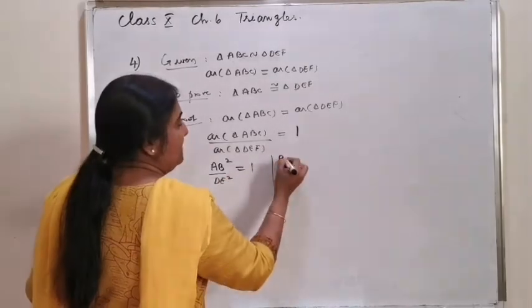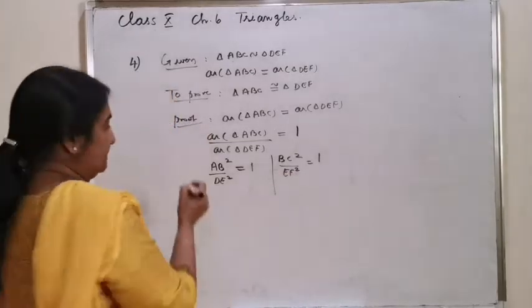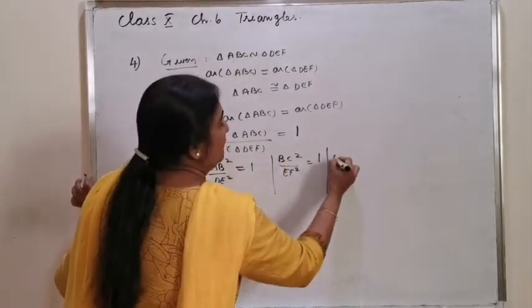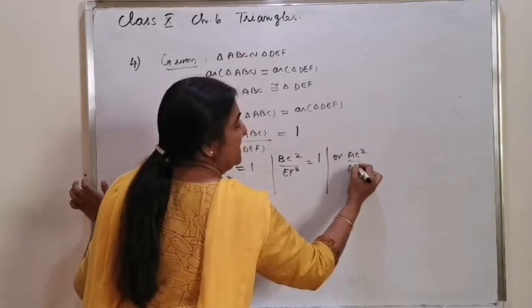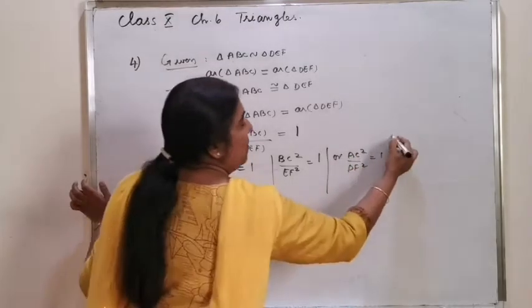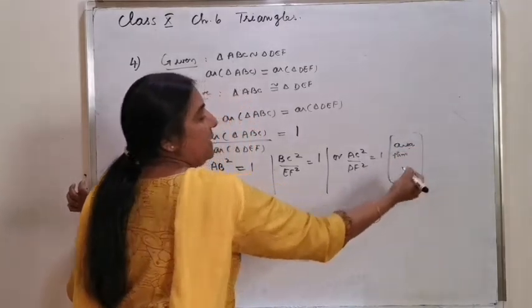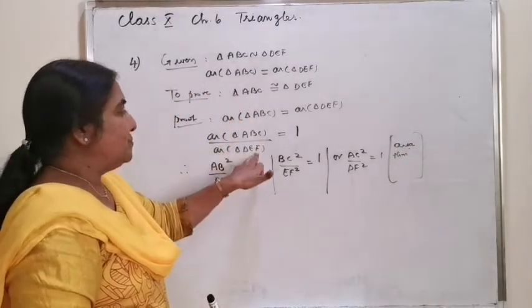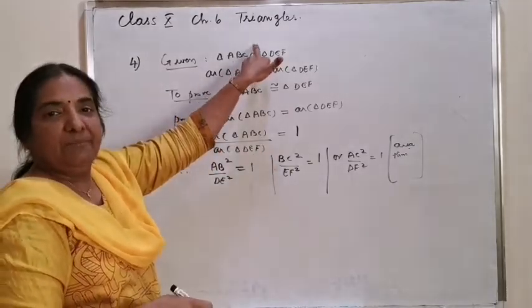Or BC square by EF square can be 1. Or AC square by DF square can be 1, all by the area theorem. That is, we are applying the area theorem on these two triangles ABC and DEF since the triangles are similar.